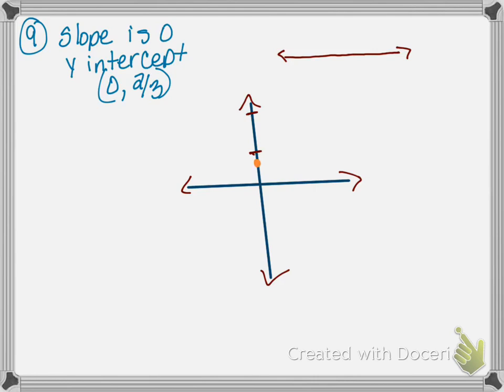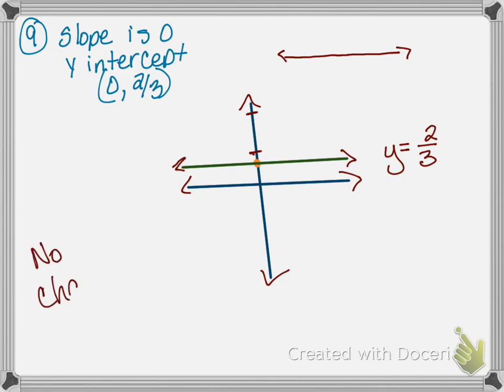So it doesn't matter what our x values are. All of our y values are 2/3. And so that is what my line looks like. And when my slope is 0, it's always a horizontal line, and it's always y equals 2/3. And this means there is no change. And it's okay to have no change.